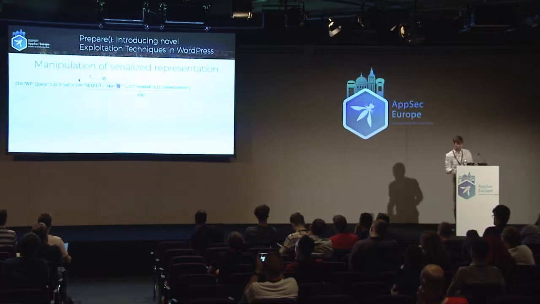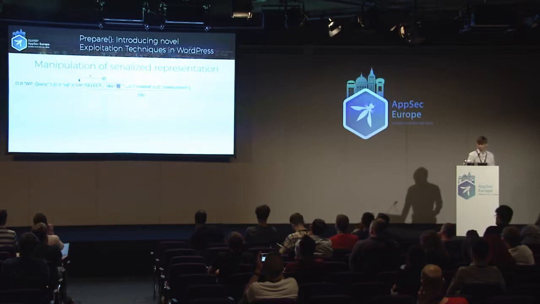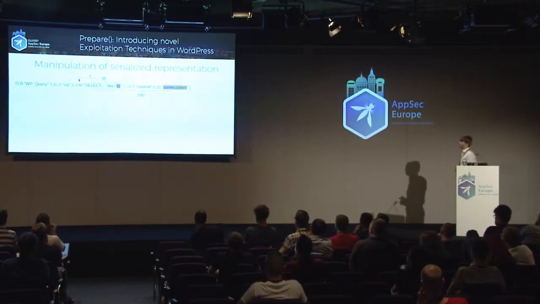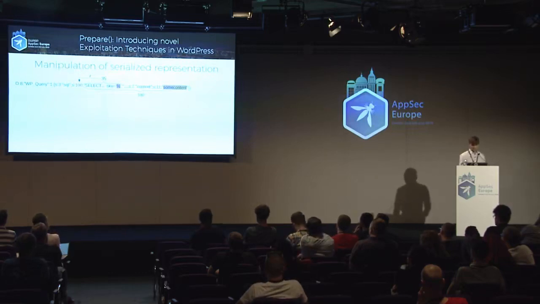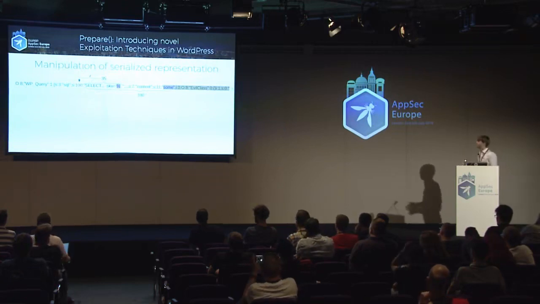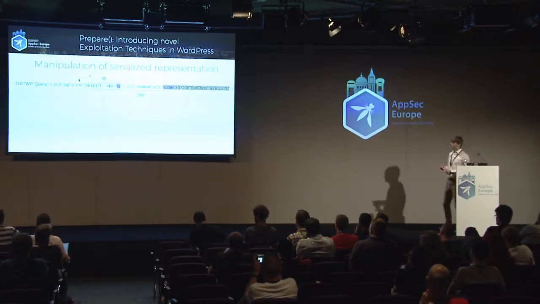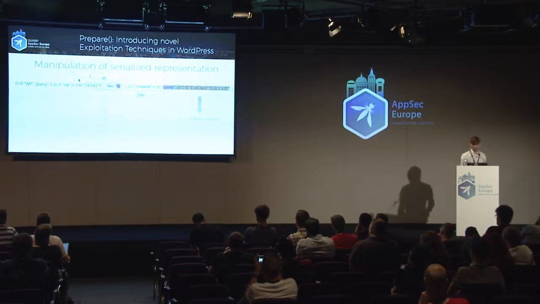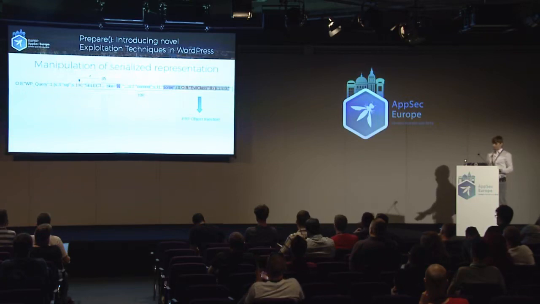It must be kind of wrong. So what we can actually do, if we control the second property in our serialized representation, is try to control it as an attacker and fix it. So we actually have a working string. The delimiters are now correct. And at the end of the day, we have our PHP object injection. Yeah, and this is pretty cool, I think.